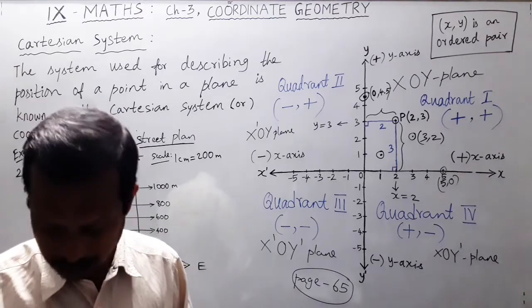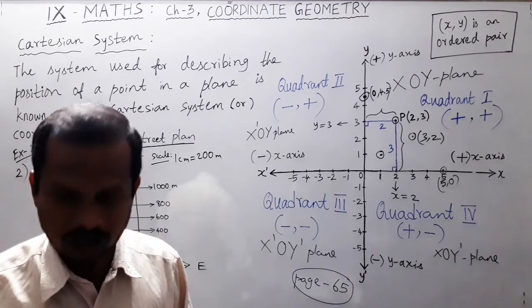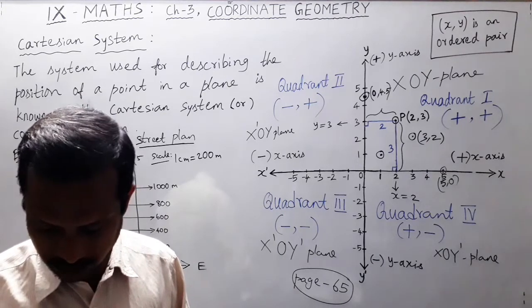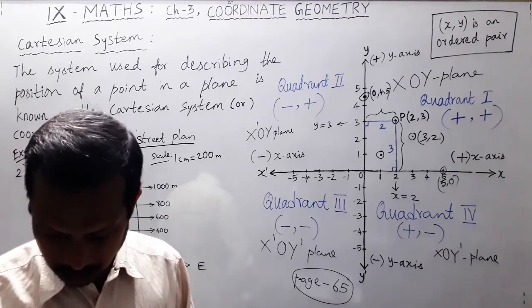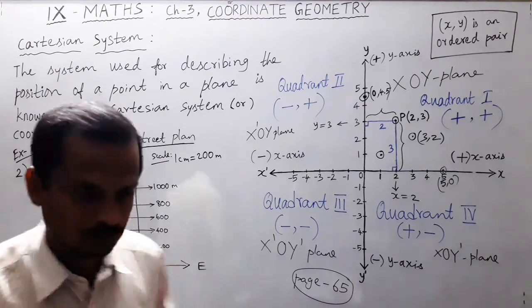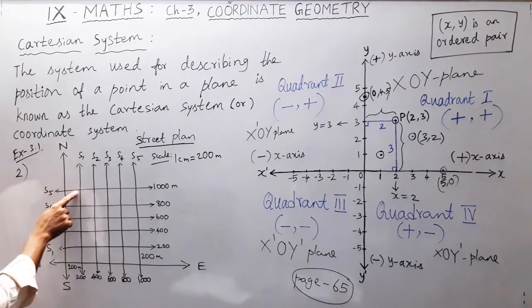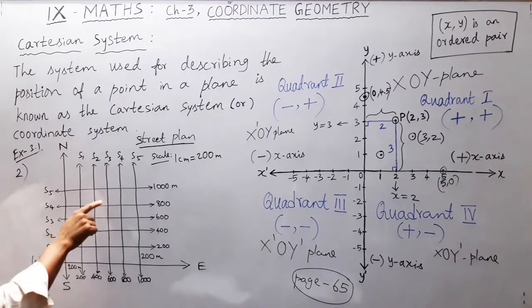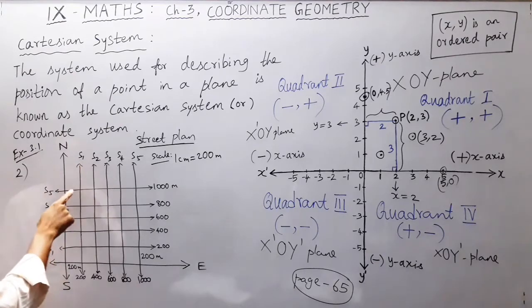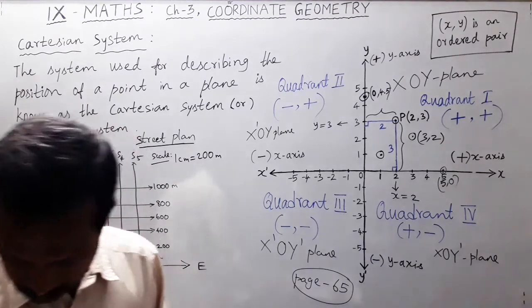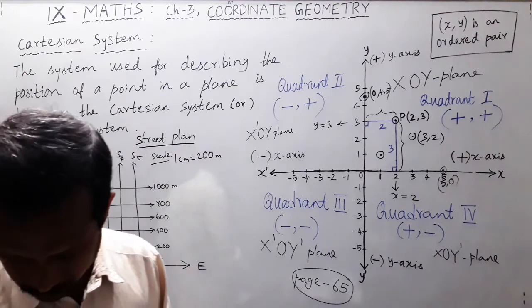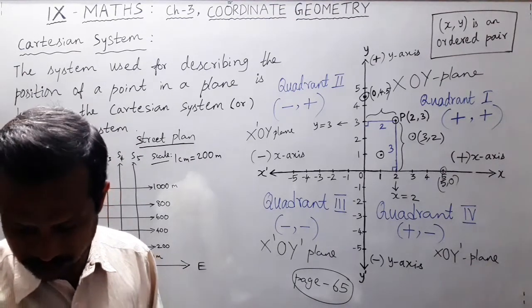For example, the second street running north-south and the fifth street running east-west meet at some crossing. So you see, each point is a crossing. Two streets are crossing at every point. So now 2, 5. We call it the cross street 2, 5.